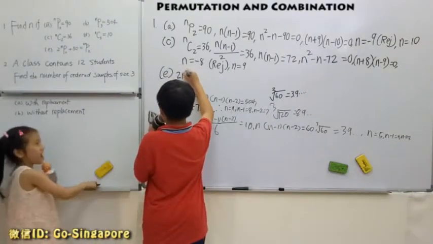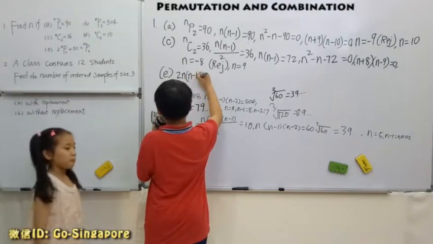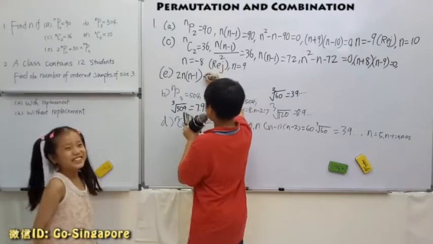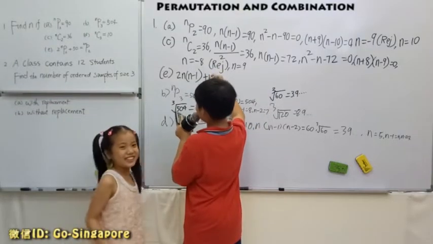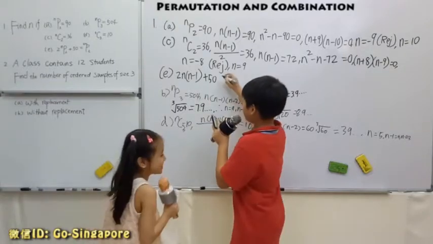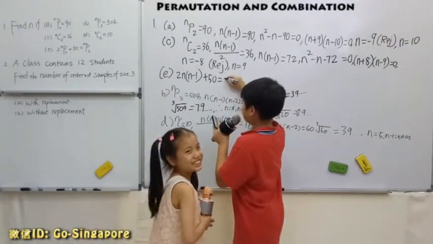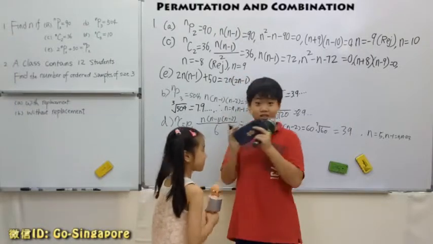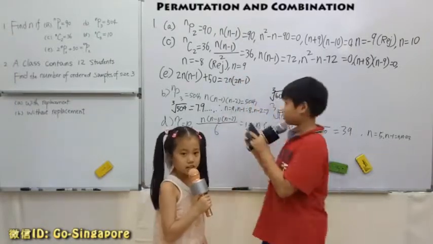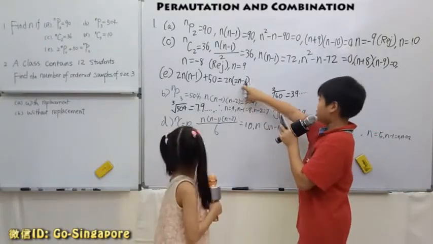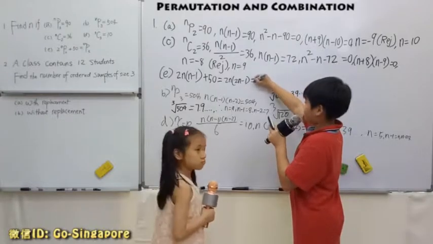This is actually n times n minus 1, correct? Yes. Then you need to plus 50, correct? Correct. Then this is actually 2n times 2n minus 1, correct? Okay.